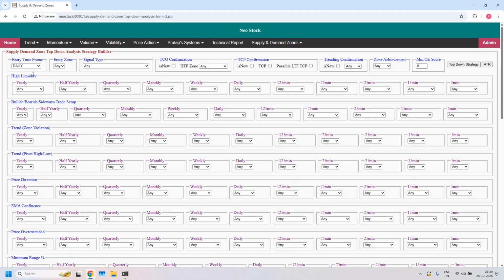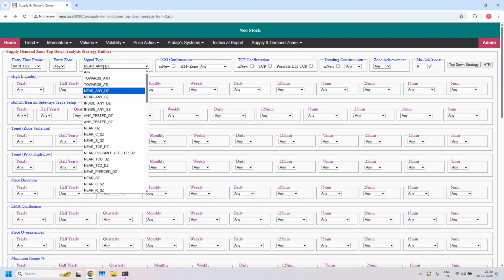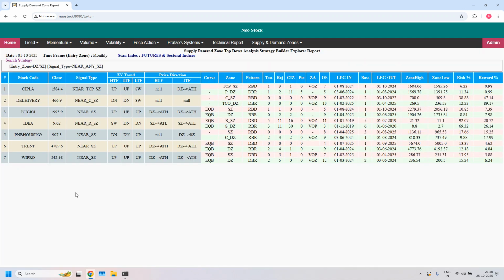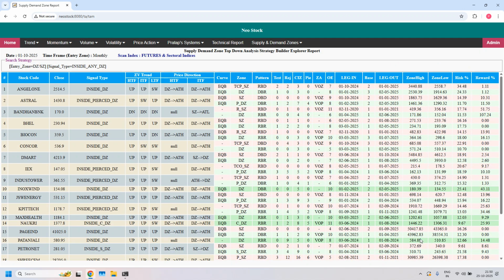Next time frame is monthly. Stocks near to the monthly demand zone, we got 3 stocks. Next, stocks near to the monthly supply zone, we got 7 stocks. Next, price closed inside the monthly demand zone.